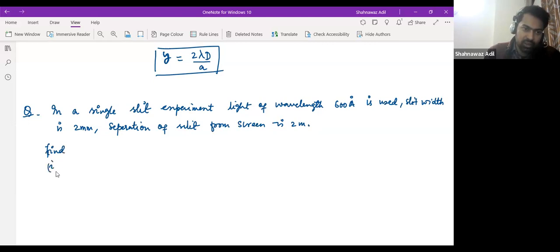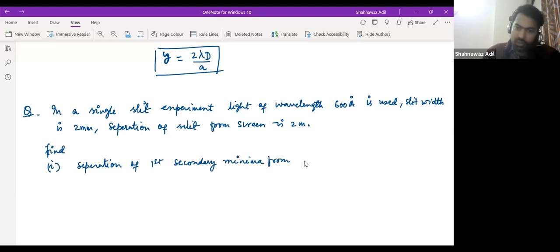Find the separation of the first secondary minima from central maxima, and we have to find both angular and linear, right?